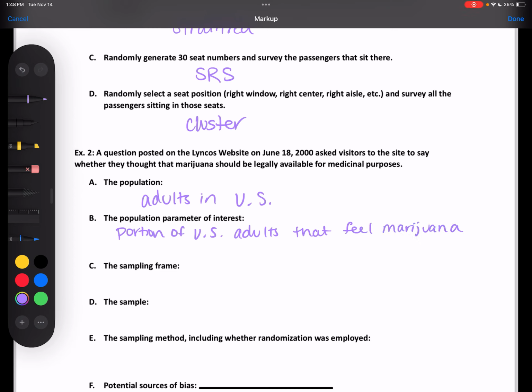Should be legalized for medicinal purposes. So this is saying basically out of the entire population in the United States, I want the people who feel that marijuana should be legalized for medicinal purposes. That's specifically who we're trying to target.